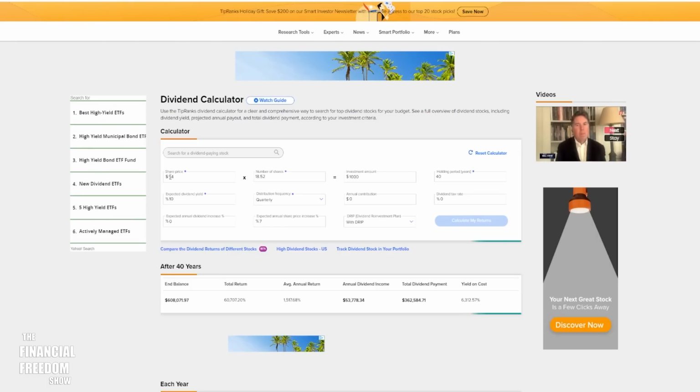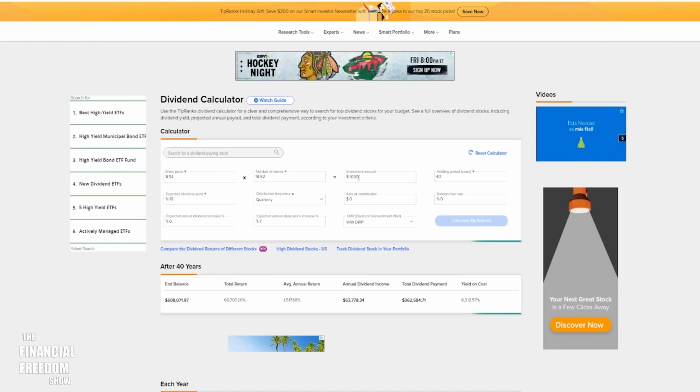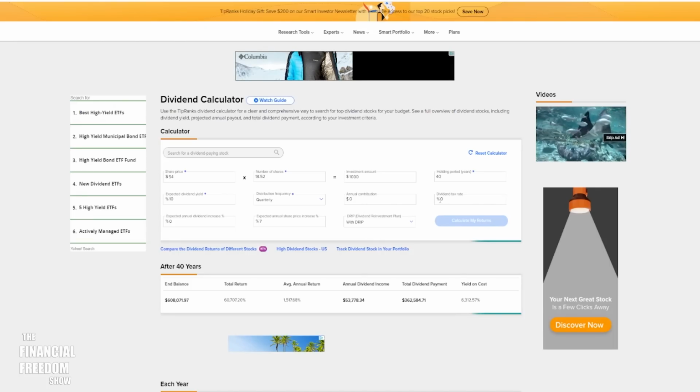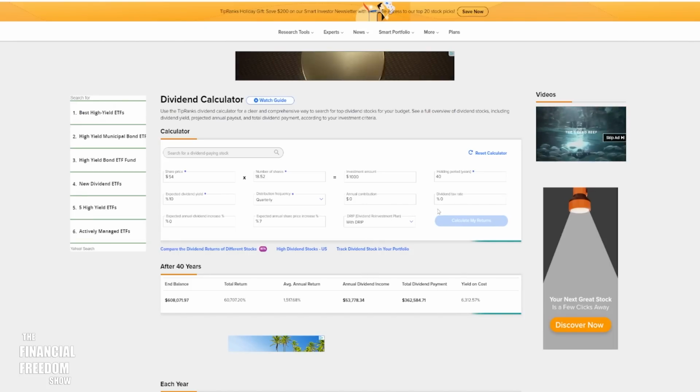If we have an average share price of $54 and we have an investment amount of $1,000 and we hold it for 40 years, that investment is expected a dividend yield of 10% and an increase in share price of 7% annually if it tracks the S&P with DRIP activated, so dividend reinvestment. Let's just say a 0% tax rate for this case.